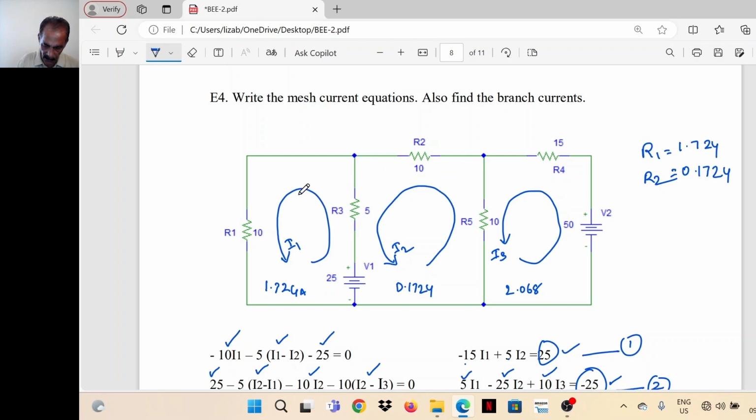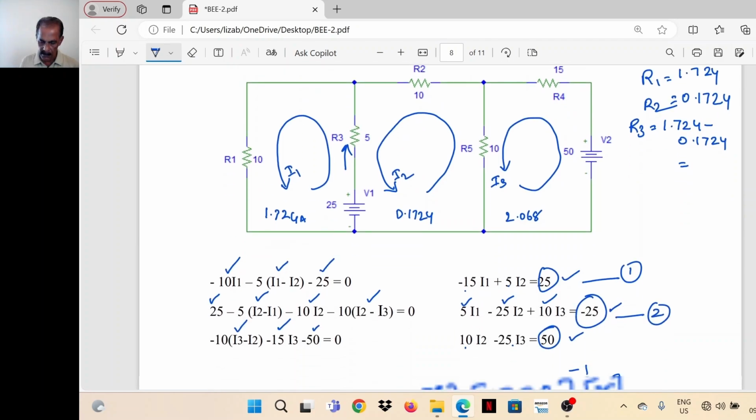R3: I1 is flowing up, I2 is coming down. So it is 1.724 minus 0.1724. This is the net current through R3, flowing out of the 25 volt battery.